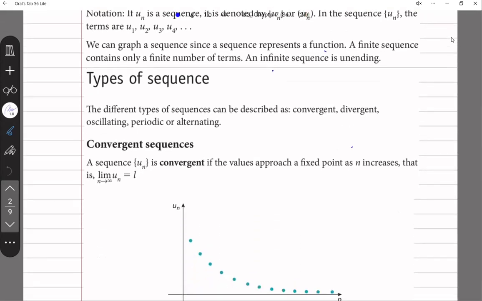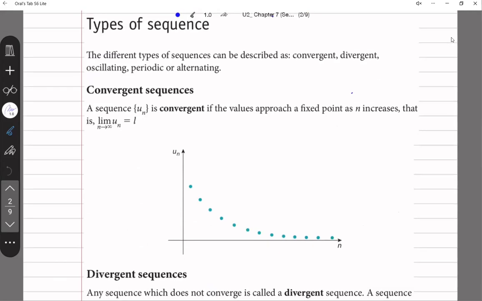Types of sequence. So we're just going through some, let us say, preliminary information before we get into the real meat of the matter.